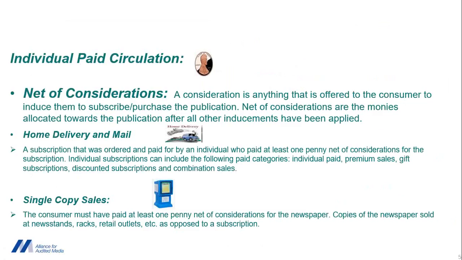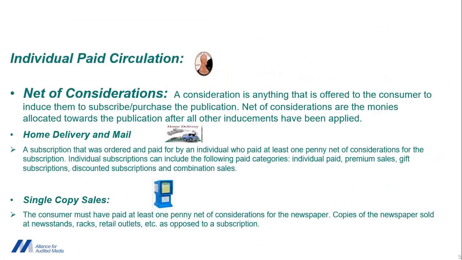Before I discuss the qualifications for paid, I need to touch base on what net of considerations is. A consideration is anything that's offered to the consumer to entice them, to induce them to subscribe to or purchase your publication. So a net of consideration is all the money that's left over when you subtract the money for that inducement from the purchase price.